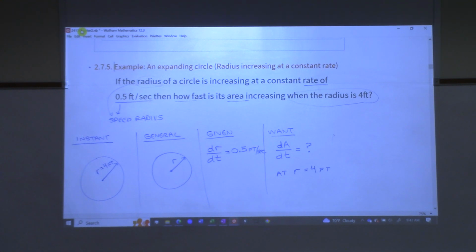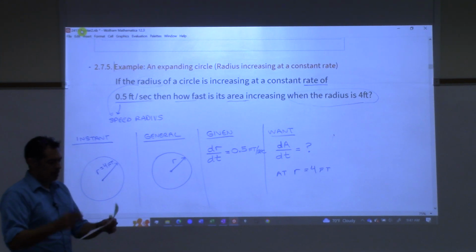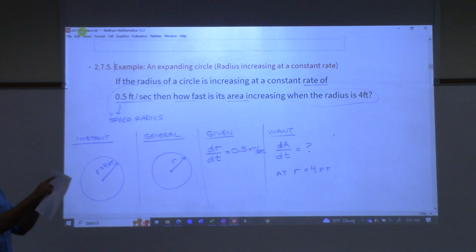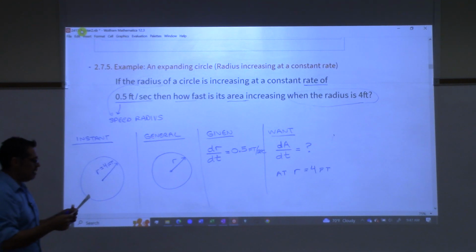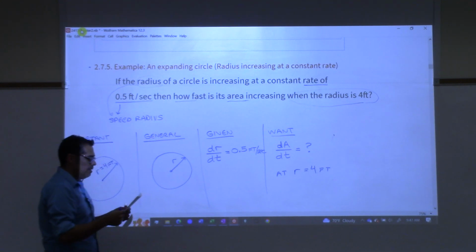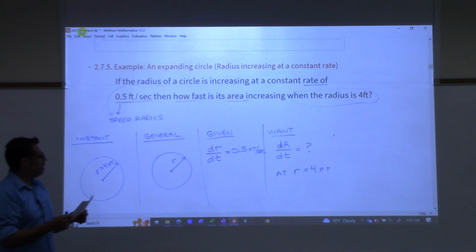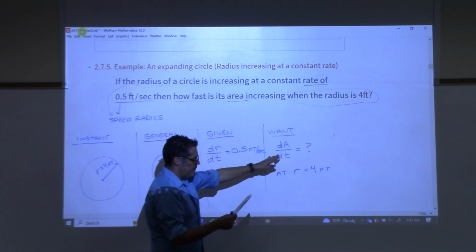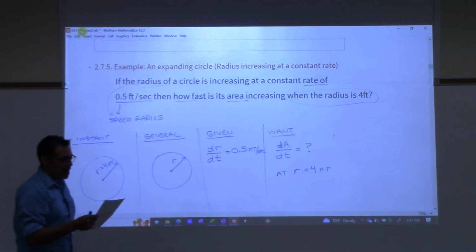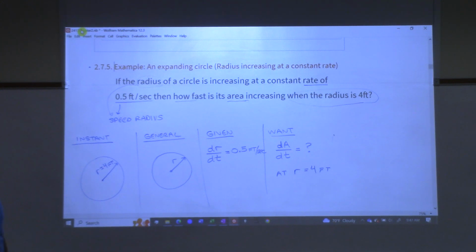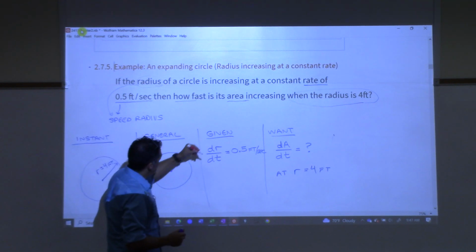Okay. Now the next thing on here, notice across the top it has these steps. We've done number 1, we've done number 2. We've assigned variables and constants. Number 4, find an equation that relates the thing that you want to the thing that you're given. So what I mean by that is this.